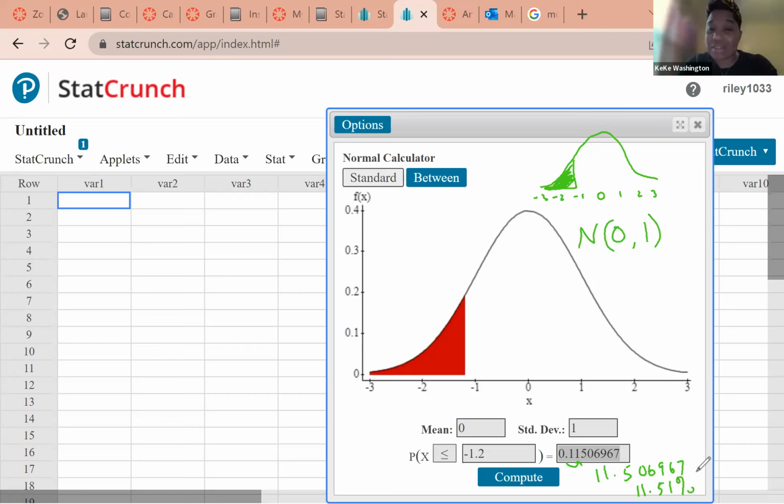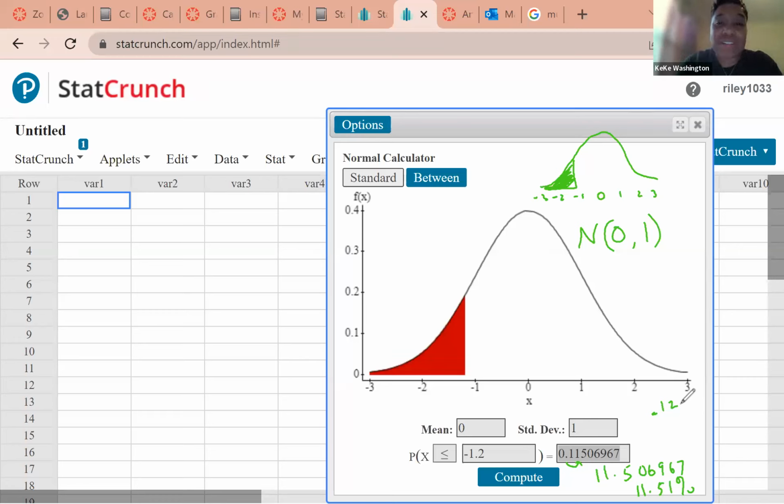So once again, if the question says round to 2 decimals, then your answer is 0.12. If it says round the percent to 2 decimals, for example, then that's 11.51%.